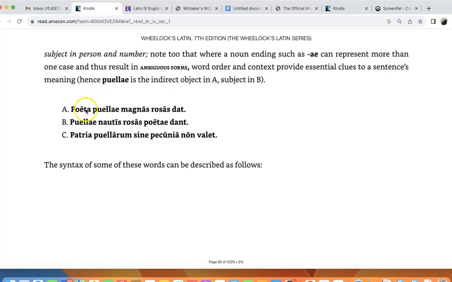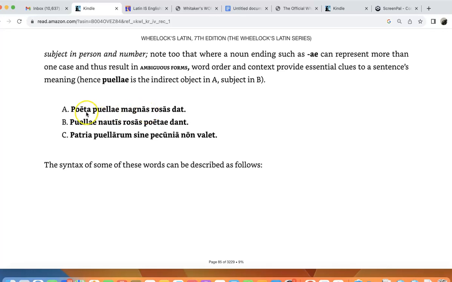But here we have some examples. So the poeta puellae magnas rosas dat. And so they're using vocabulary from the previous chapter as much as possible. So the poet is giving or gives large roses to the girl.